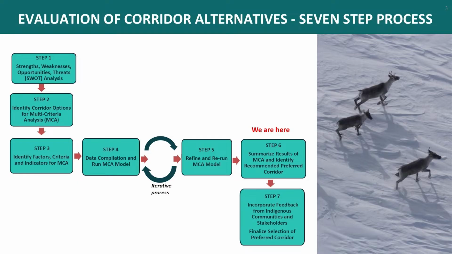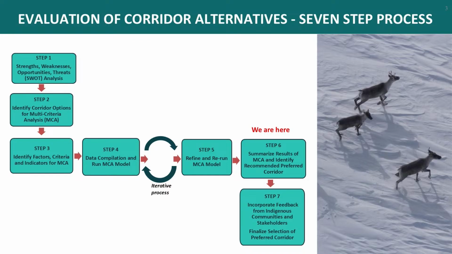So then we run what we call the MCA model, the multi-criteria analysis model. And this is sort of a back and forth process where we tweak different things, we add new layers as they come in, and continue to refine that process.